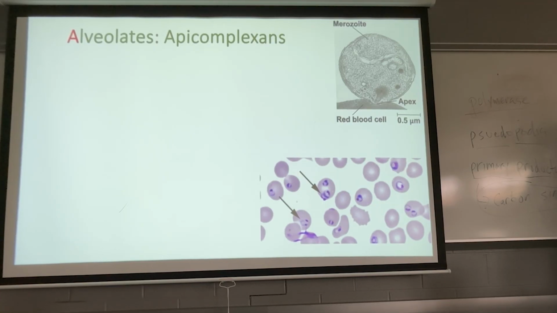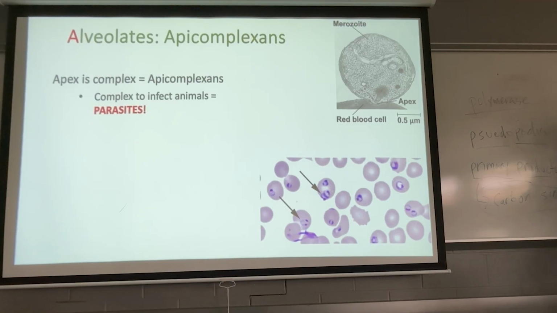We know from this blood smear that's stained specifically for the merozoite that this person has malaria, right? They hide inside of the red blood cells and mature inside the red blood cells. So the apex is complex. The alveoli have been modified and specialized for parasitism of our red blood cells, helping them be very effective parasites.